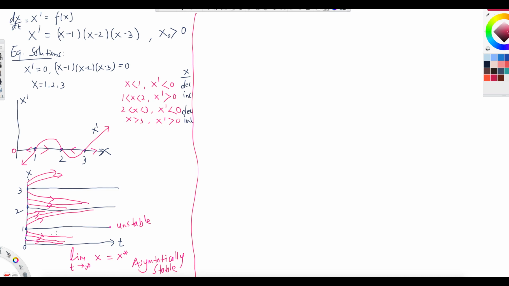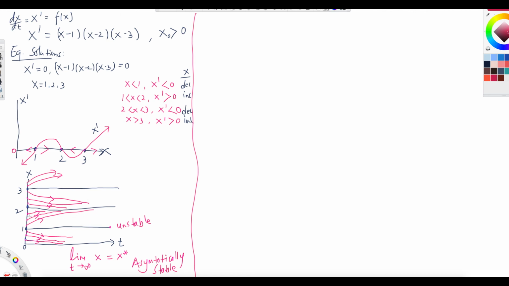When you go to the right side, or sometimes to the left side too, if the solution goes to a certain number, then that solution is called asymptotically stable. Here it is unstable because when you go to the right, the graph of the solution x is going away from this line.